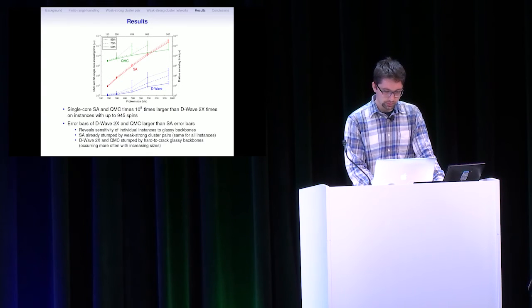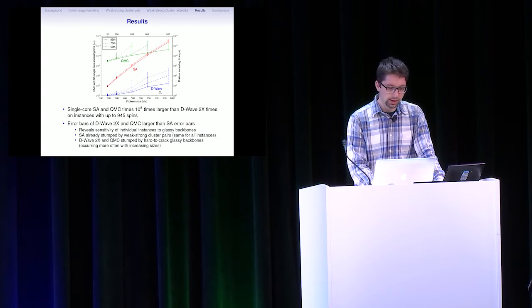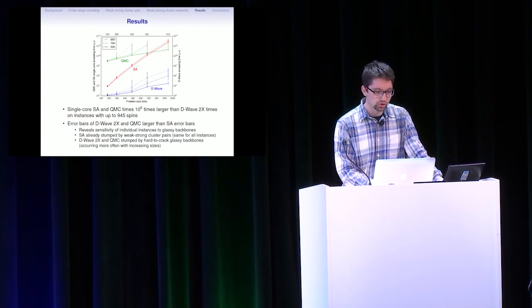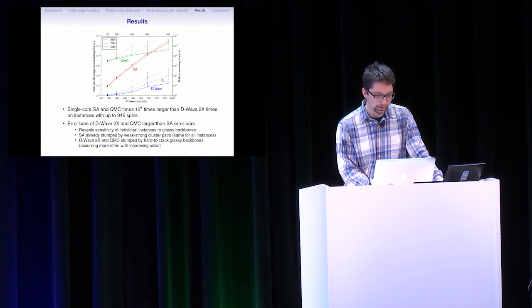We also find it interesting that the error bars of D-Wave and QMC are larger than the error bars of simulated annealing. So we interpret this as revealing the sensitivity of the individual instances to the glassy backbones of the weak-strong cluster networks.